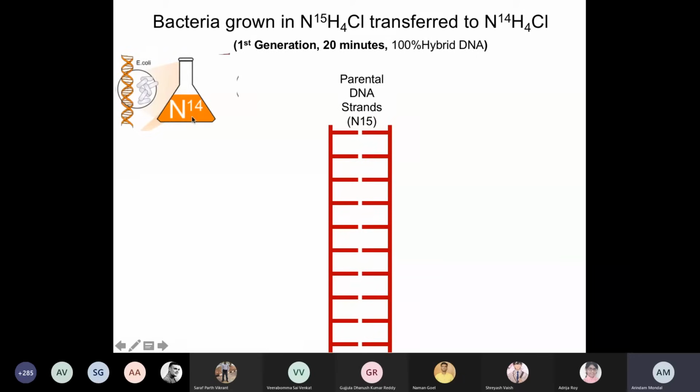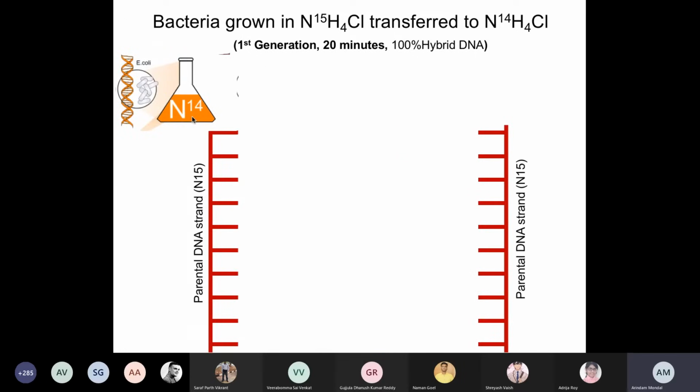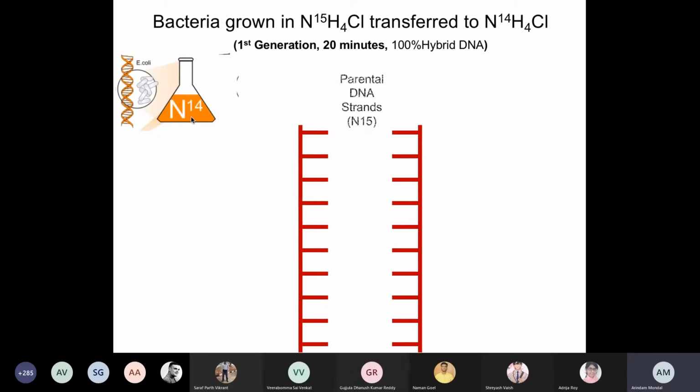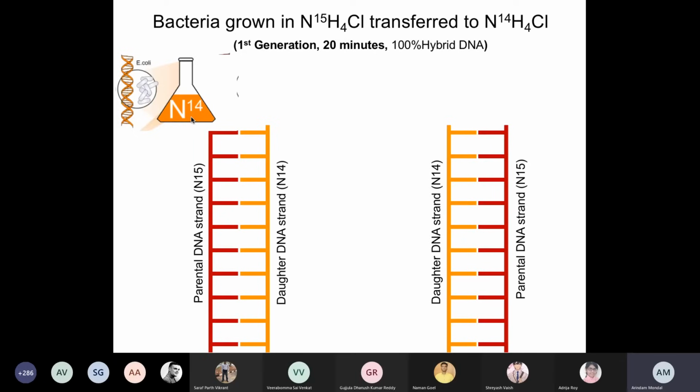So it will start replicating. Whenever it performs its DNA replication, say this is the parental DNA strand, it will get separated, and whatever new daughter DNA is synthesized will be N14 labeled, right?